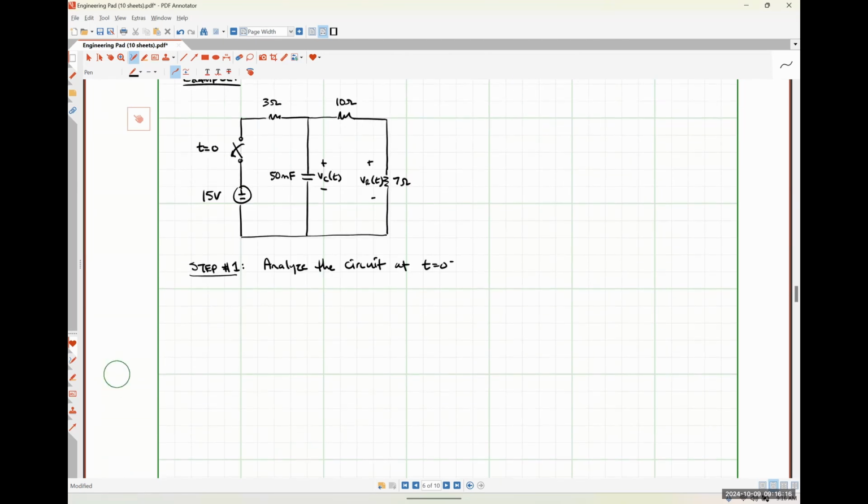So that would look like this. We would have our 15-volt source. Here's our 3 ohm resistor. What's our capacitor going to look like at t is equal to 0 minus? An open circuit.